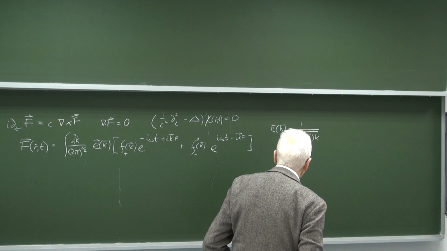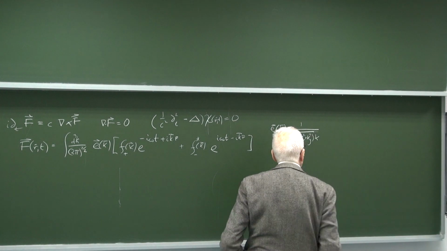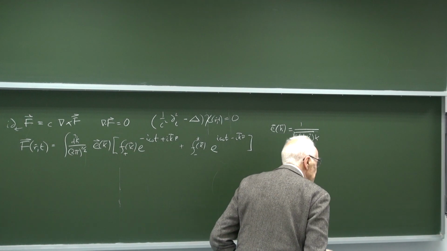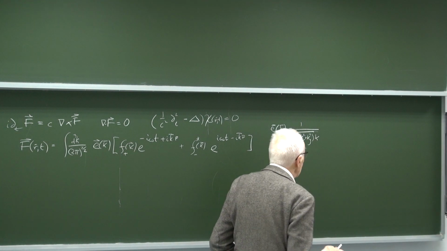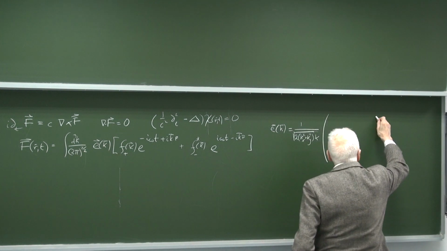Of course, k stands outside of the square root, so the dimension of this denominator is k squared, and the numerator also has the same dimension.